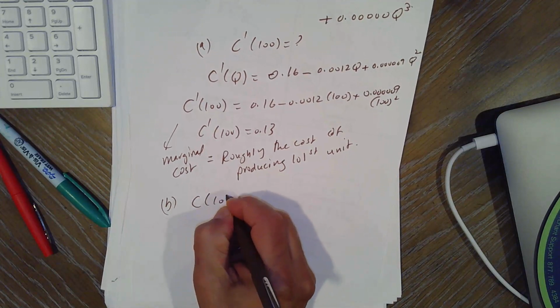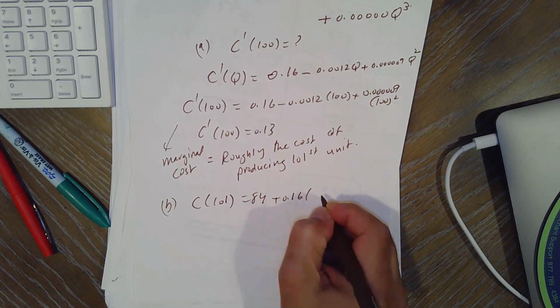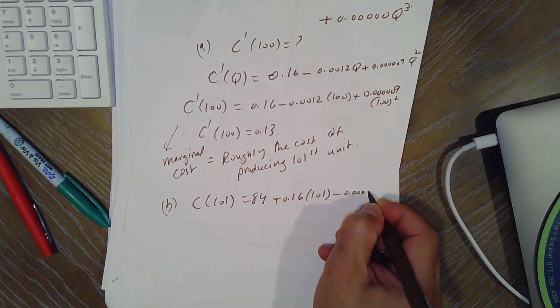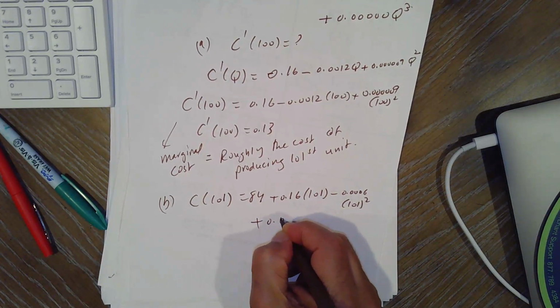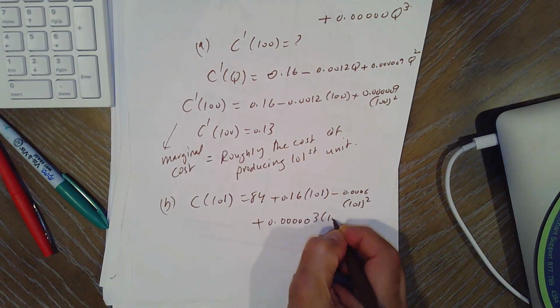So what's C of 101 if you do that? 84 plus 0.16 times 101 minus 0.0006 times 101 squared plus 0.00003 times 101 cubed.